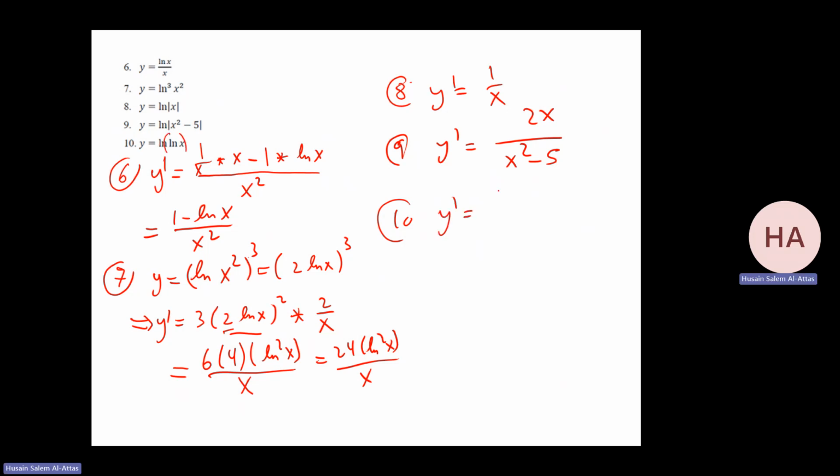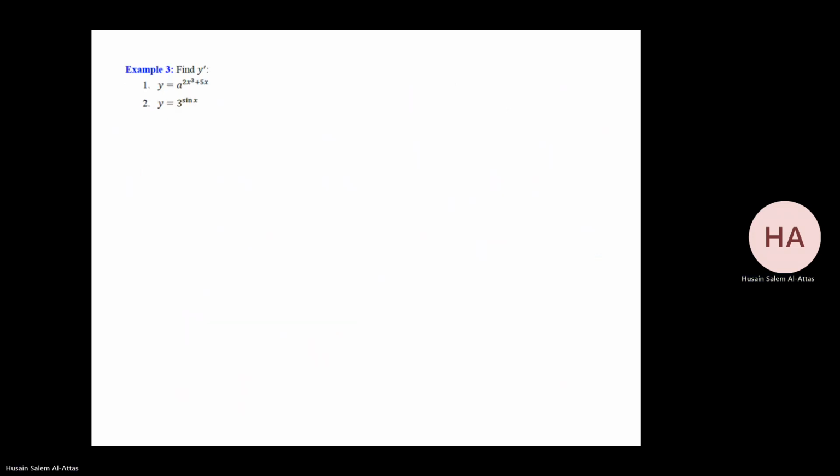So y prime is 1 over u times the derivative of u, which is 1 over x. So that'll give me 1 over x, then ln x. 1 over x, then ln x.